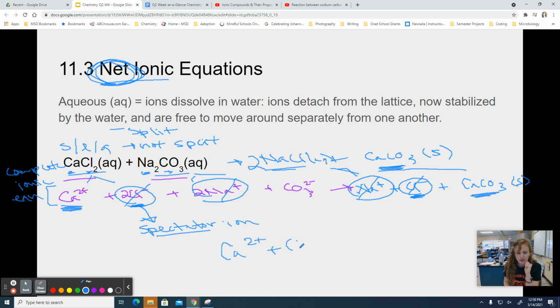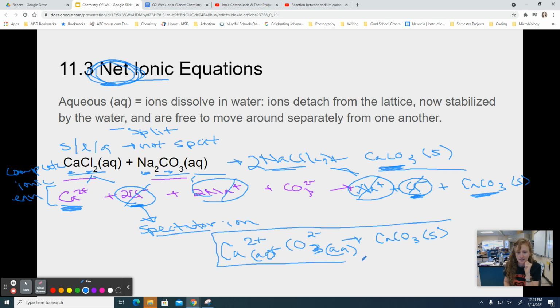Calcium ion, carbonate ion goes to calcium carbonate solid. So these two are still aqueous as reactants, and then once that reaction happens, they form a solid. So this is my net ionic equation.